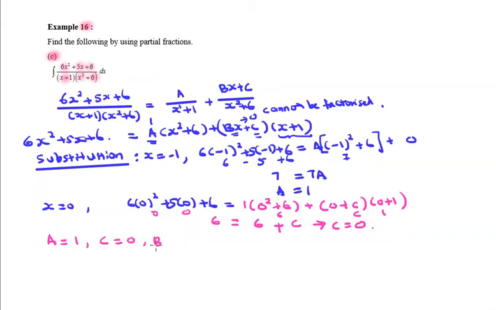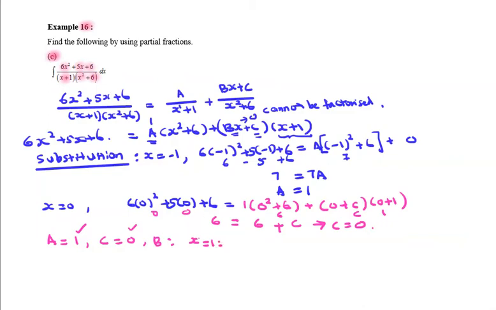Now we are going to find b. To find b, we can substitute any value for x because we already have the values of a and c. Choose a simple value to substitute, for example x as 1.